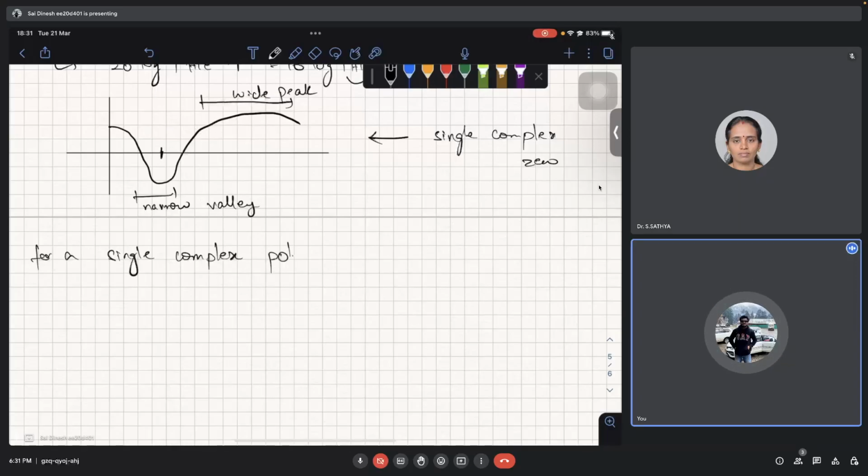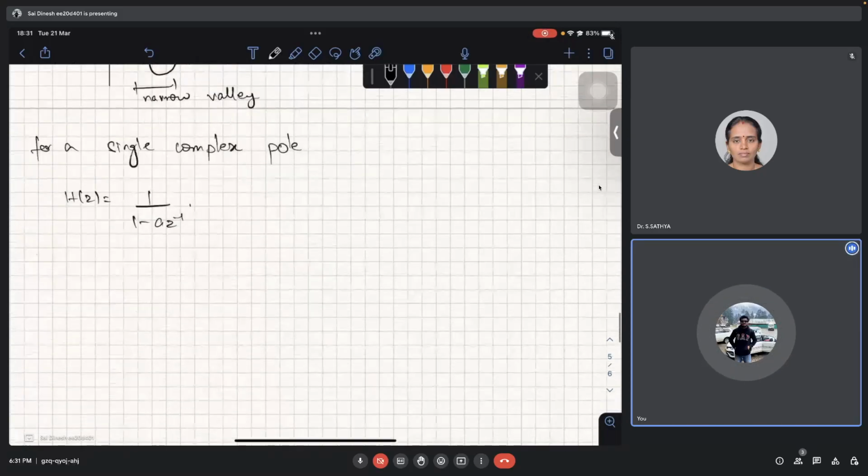So for a single complex pole we have H of z equal to 1 by 1 minus a z inverse, right? So this actually has a negative, I mean if you do the modulus and then you do the log magnitude, it will be similar to the negative of it, right?